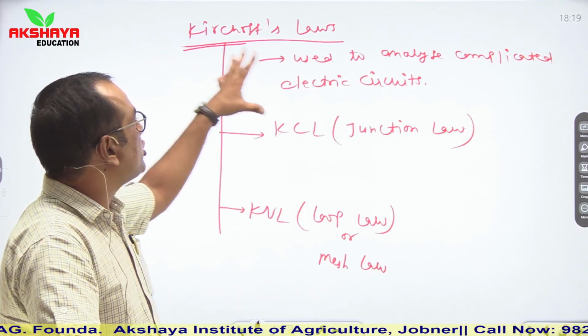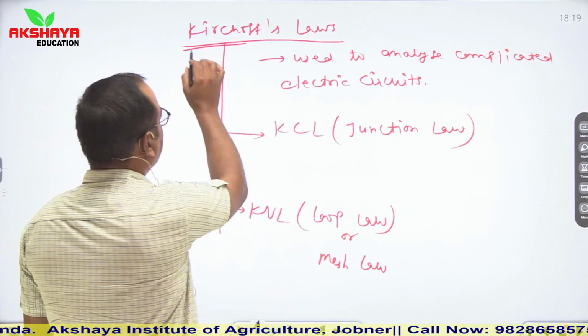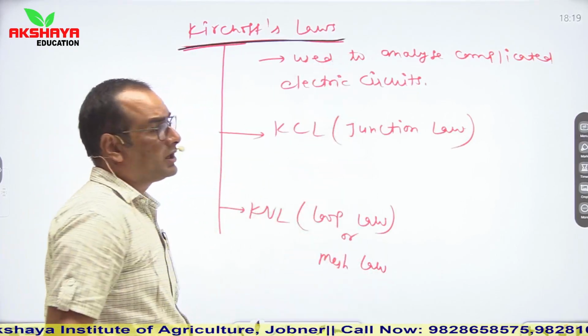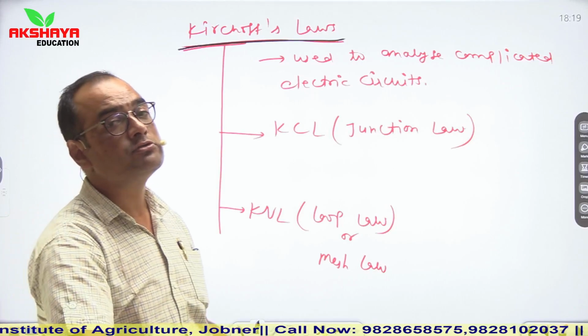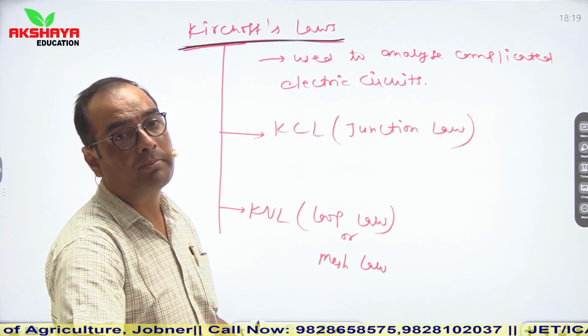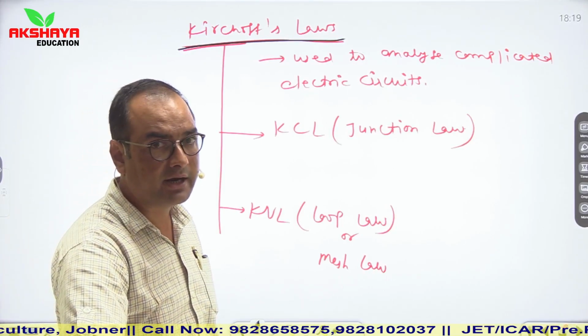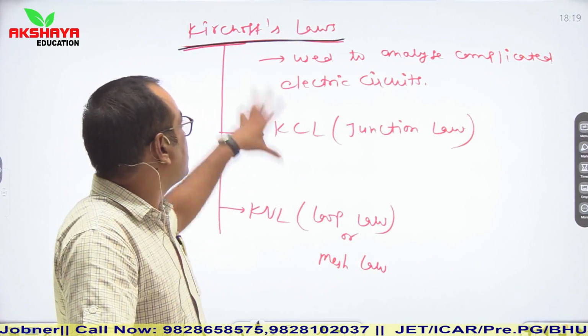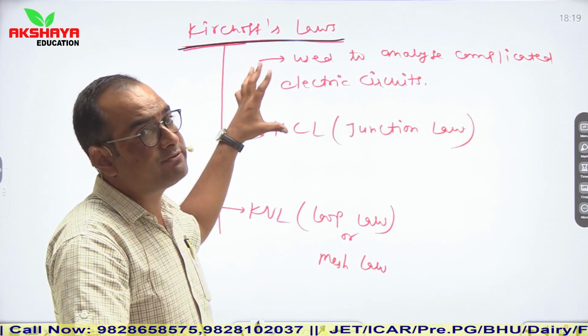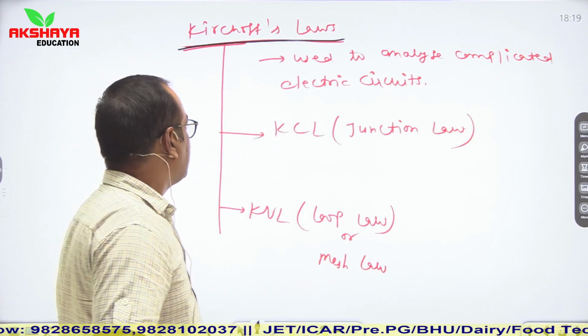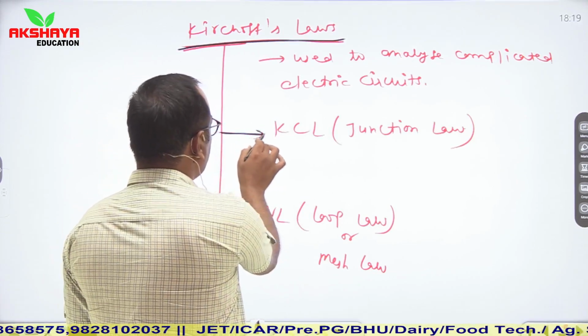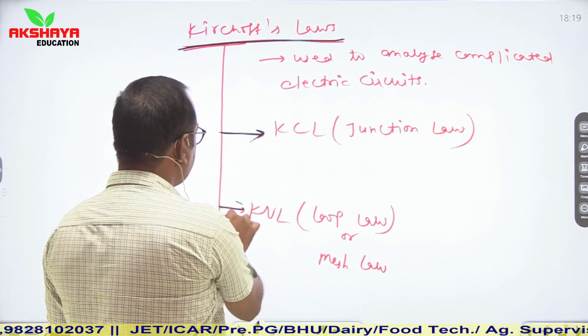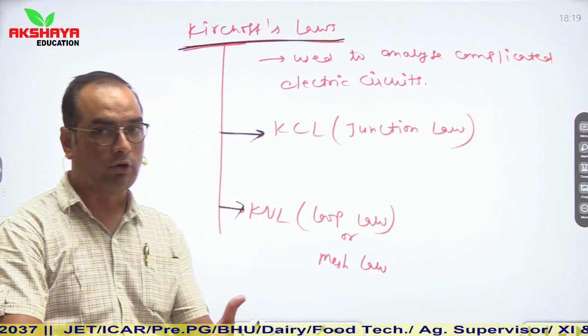Now see Kirchhoff's laws. Kirchhoff's law is basically used to analyze or solve complicated electric circuits. Complicated electric circuits are analyzed with the help of Kirchhoff's law. Kirchhoff predicted 2 laws. One is based on current and another is based on potential difference, or you can say voltage.